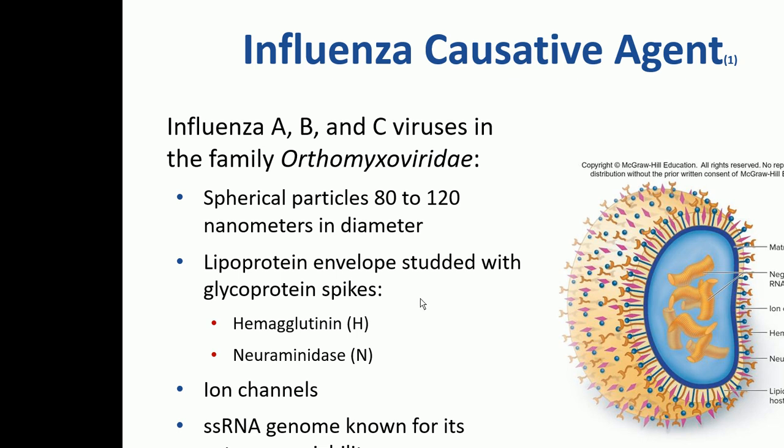They have a lipoprotein envelope studded with glycoprotein spikes, and they are of two kinds, hemagglutinin and neuraminidase. Okay, so you can see here these ones are hemagglutinin H, and these ones are the neuraminidase, which is called the N. So these are glycoproteins, and they are studded in the lipoprotein envelope.